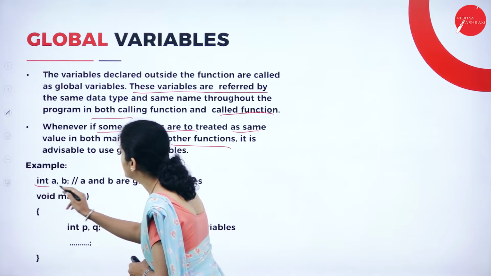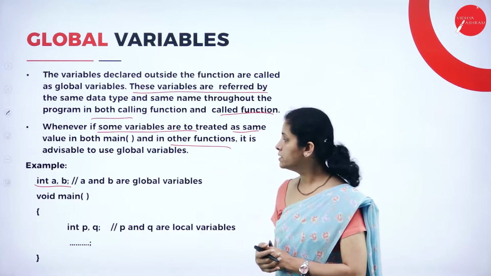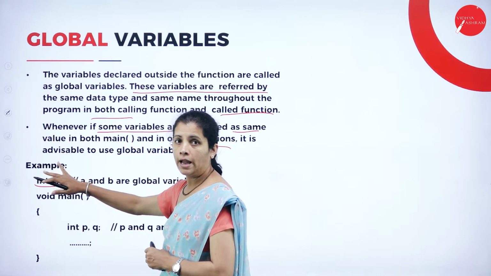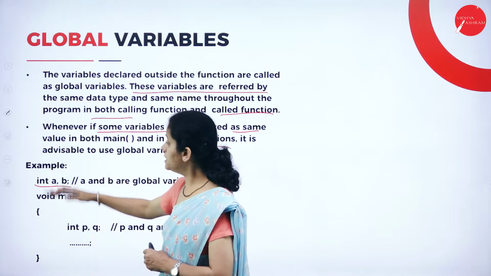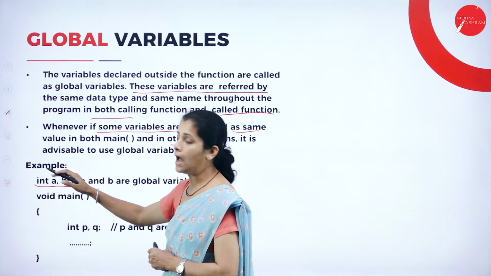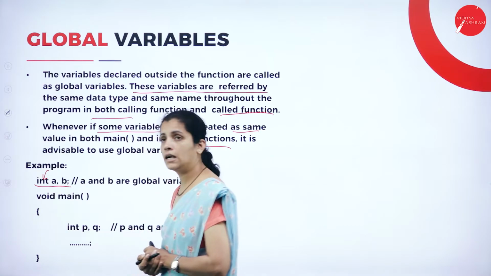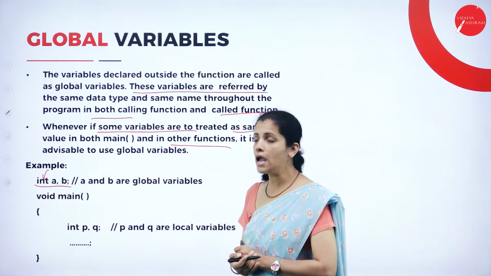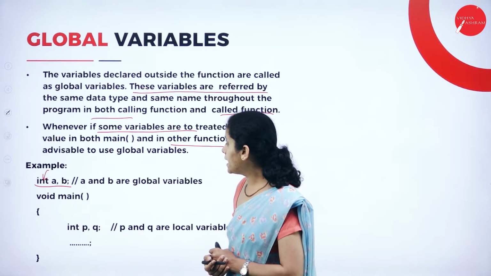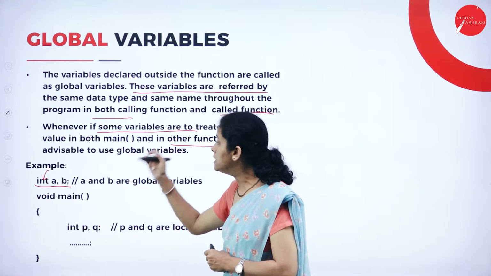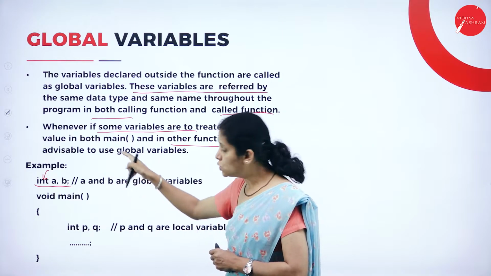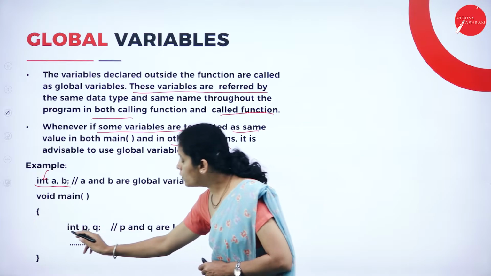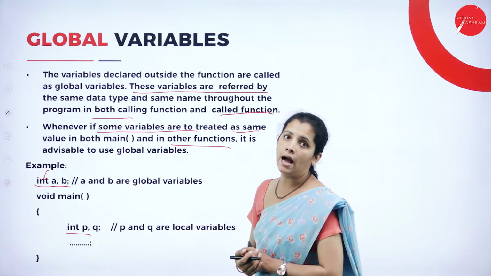So this is the syntax I'm going to have here. Dear student, I'm going to define the variables at the beginning, that means above the main program, with the data type int and the variables a and b. Now I can use these a and b throughout the program, and here I'm going to have int p and q.